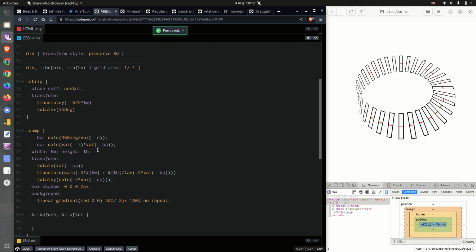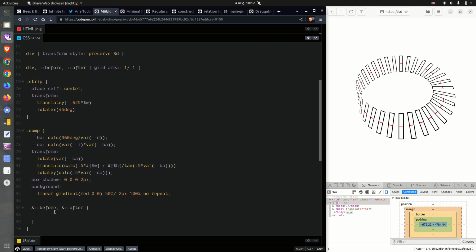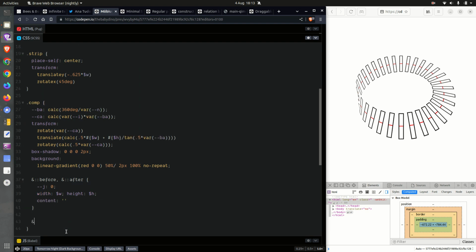Okay, and we're going to bring those dimensions right here. We're going to have content because otherwise nothing's going to show up. And we're also going to have a flag, if you want to call it, or a switch, whatever you want to call it. It doesn't really matter what you call it. And it's initially 0, but then on the after, we switch it to 1. Okay?